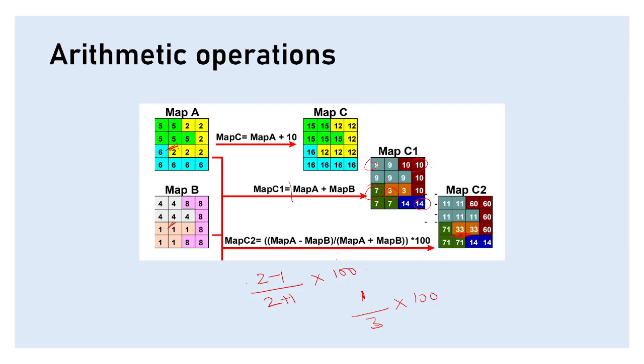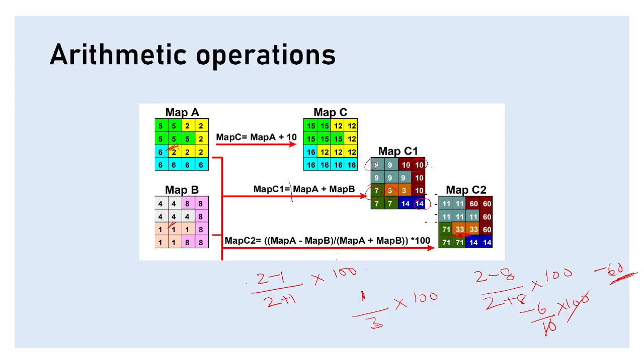Another example we can take is this 2 and 8. It will be 2 minus 8 by 2 plus 8, into 100. So this is minus 6 by 10 into 100, which is minus 60. That minus value is kept outside.